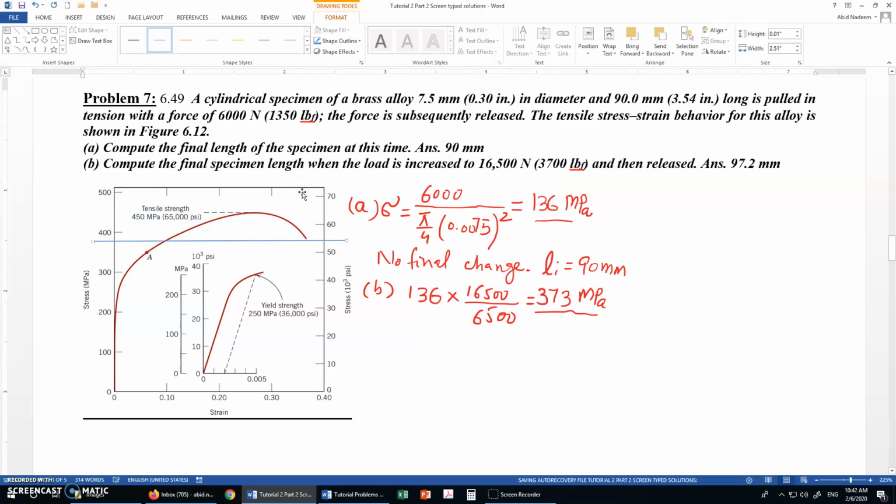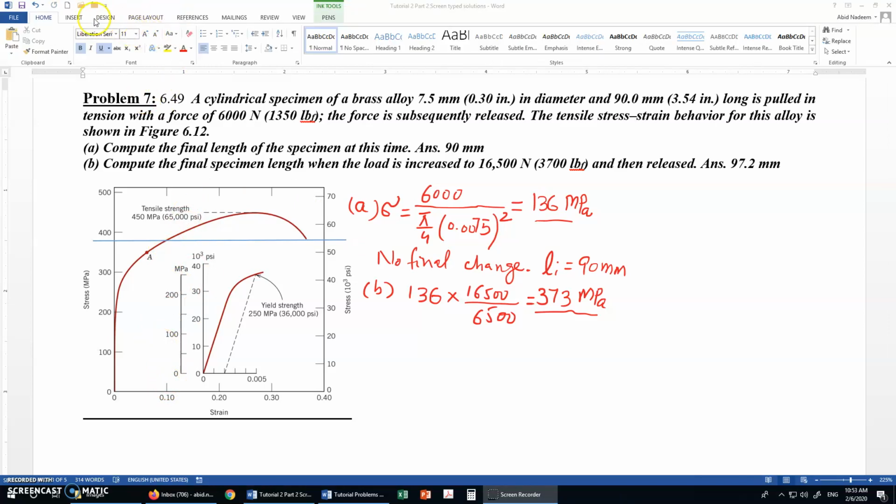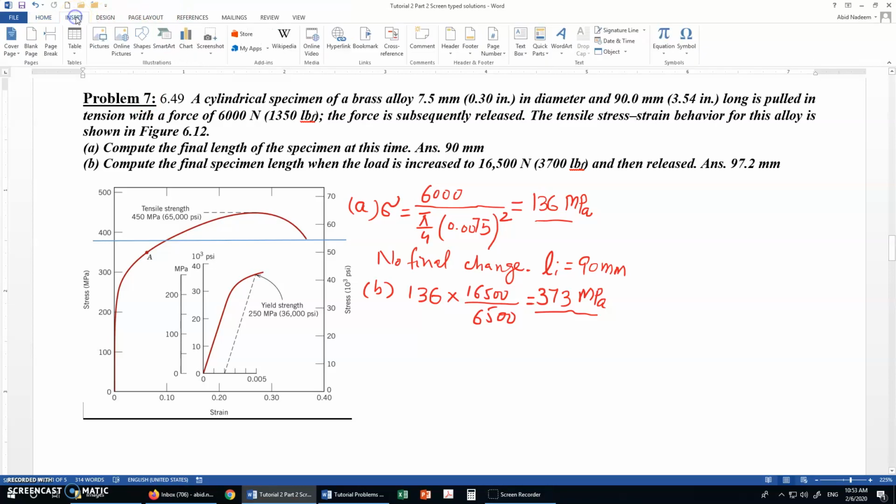So the 373 value will be somewhere here, and its corresponding strain will be this one. To check the strain value, I draw a vertical line.